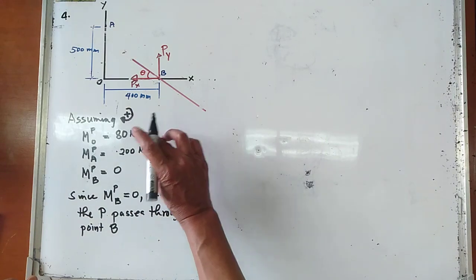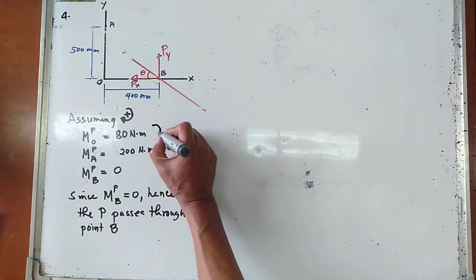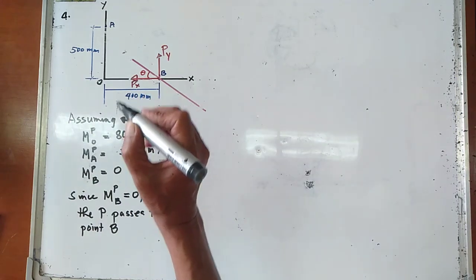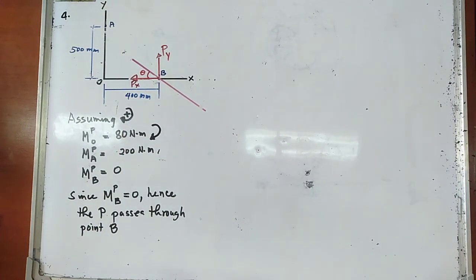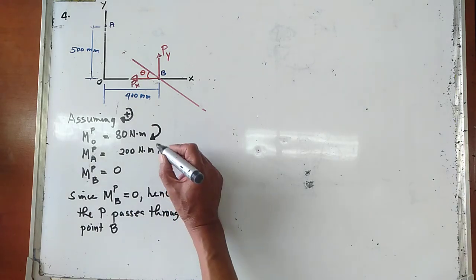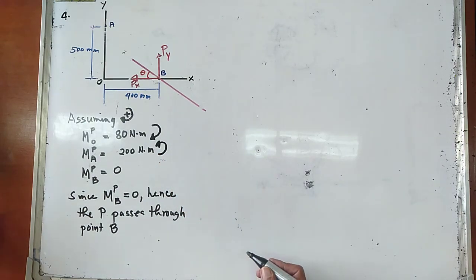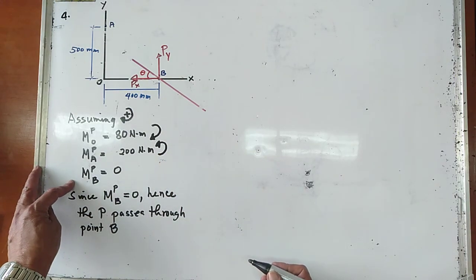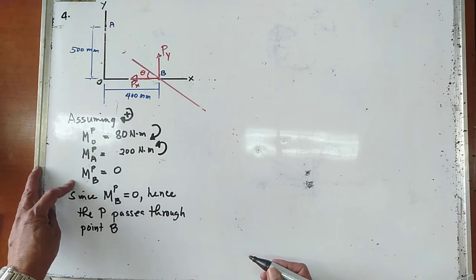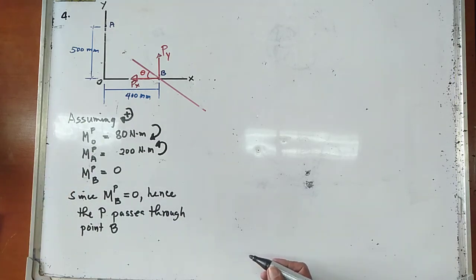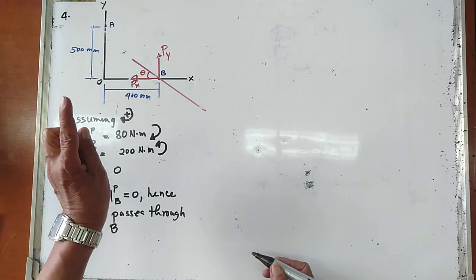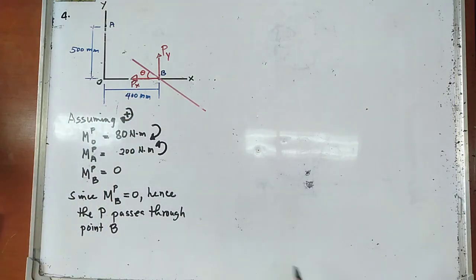At this point, we consider clockwise moment as positive. The moment of the force P about point A is negative 200, so this is a counterclockwise moment. Again, the moment of the force P about point B is equal to 0, since the force P passes through point B. Let us resolve again the components of this force at point B.